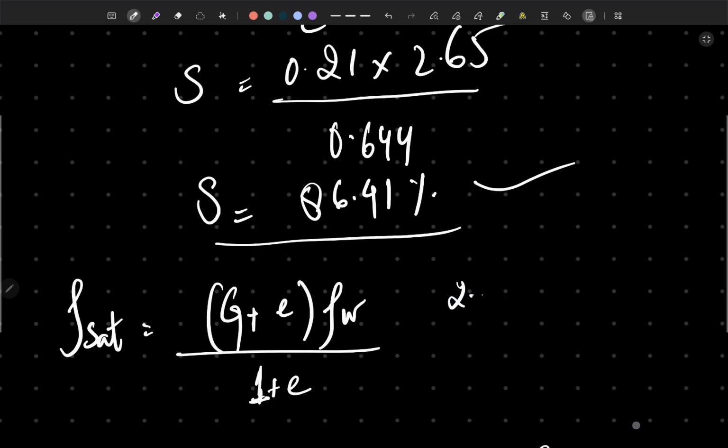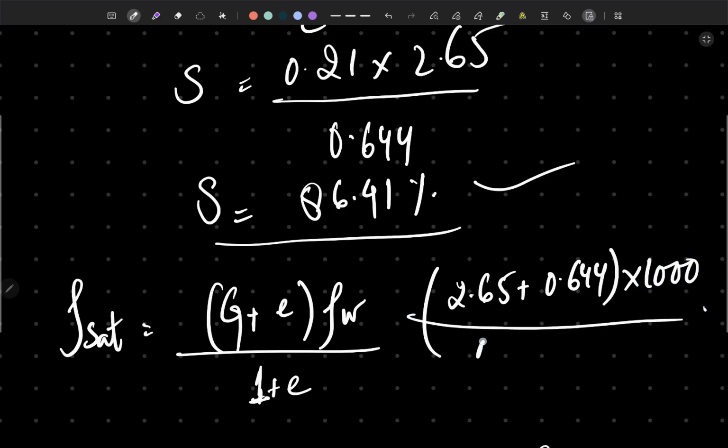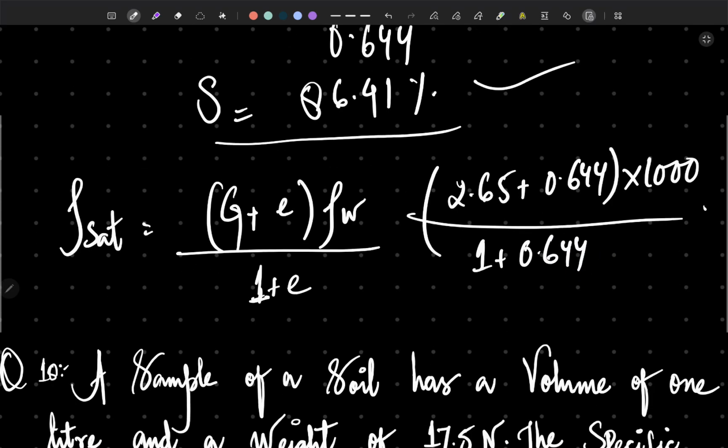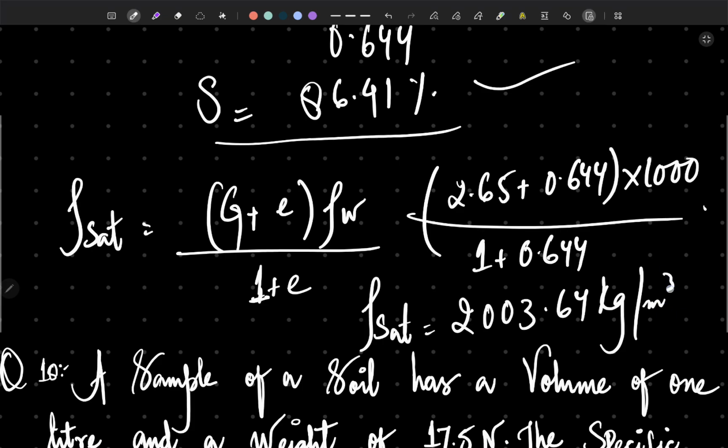G 2.65, E 0.644, density of water 1000 kgs per cubic meter, 1 plus E. Upon calculations, the saturated density is equal to 2003.64 kgs per cubic meter.